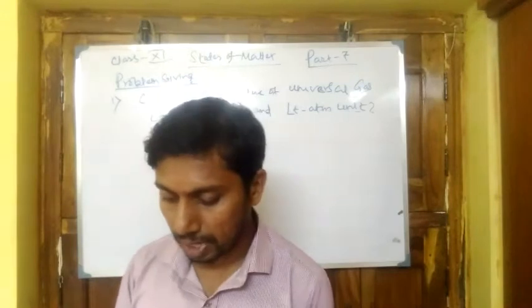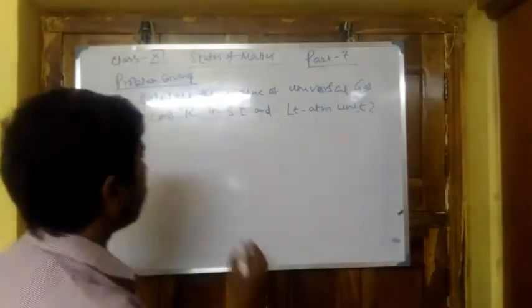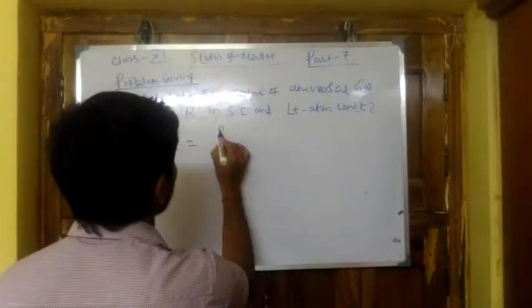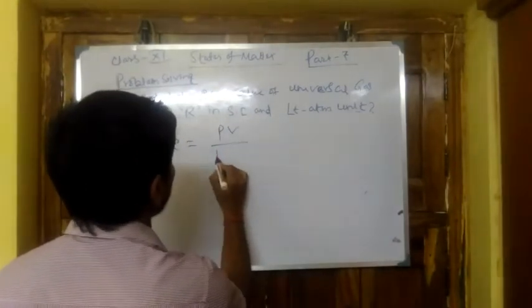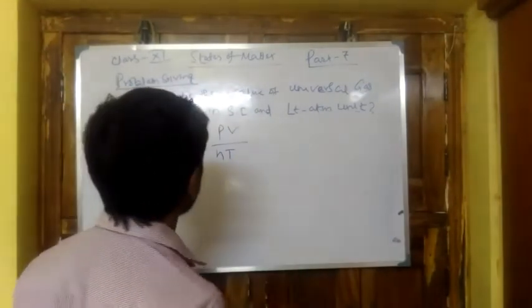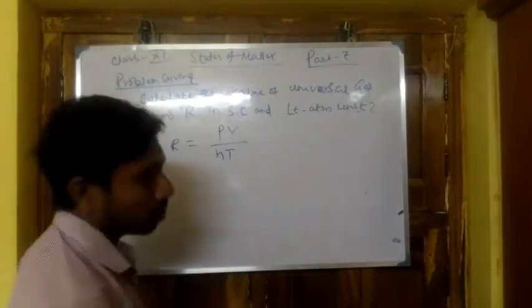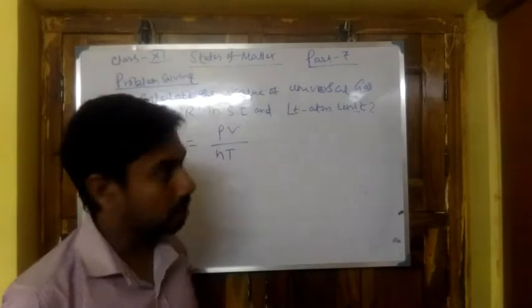From the ideal gas equation we know that PV equal to nRT. So R equal to PV by nT.